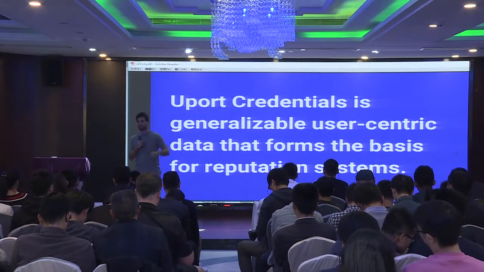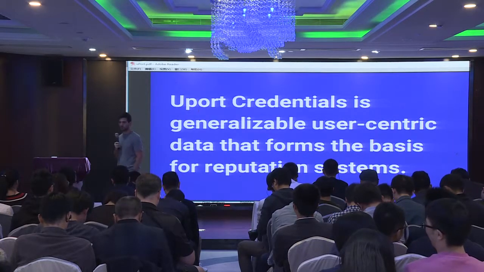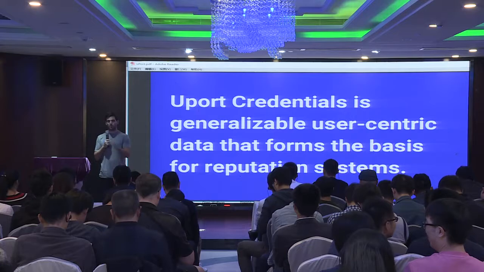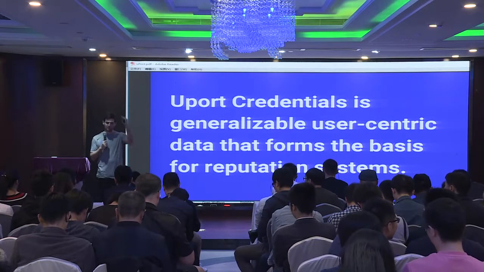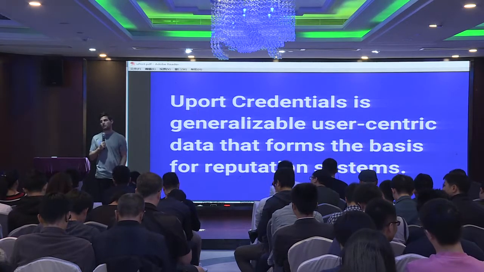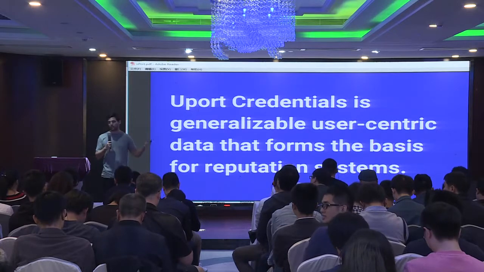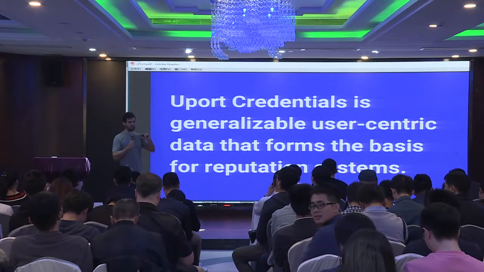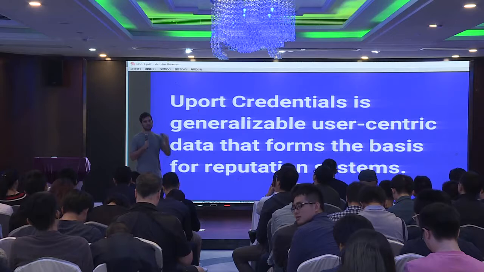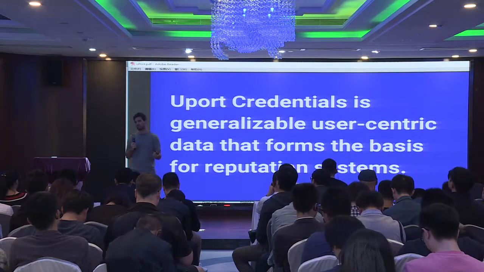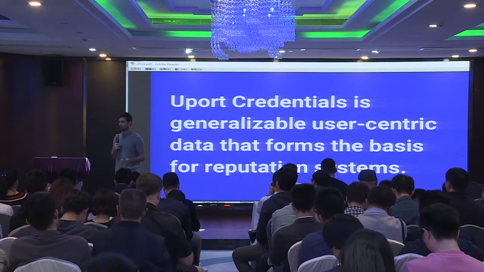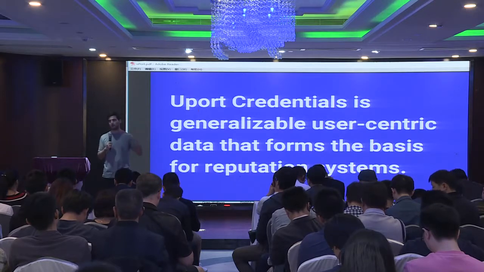So now if I have a ledger of 1,000 user-centric credentials, you can imagine any set of algorithms can be run, and analysis can be run on those credentials, and some output can be generated. Something can be implied from that data, and that thing that is implied is a reputation score. We don't provide reputation scores, but we can build reputation scores on top of the platform.